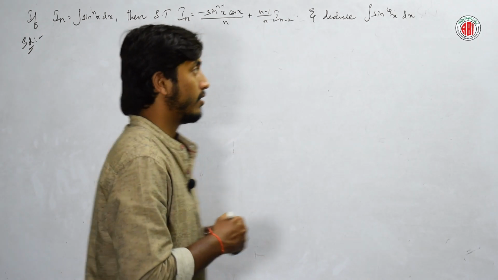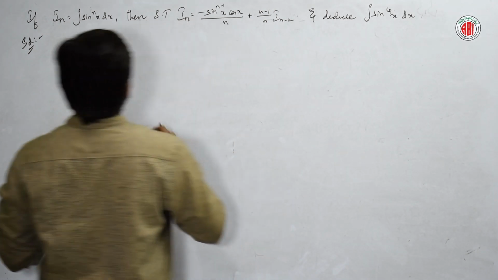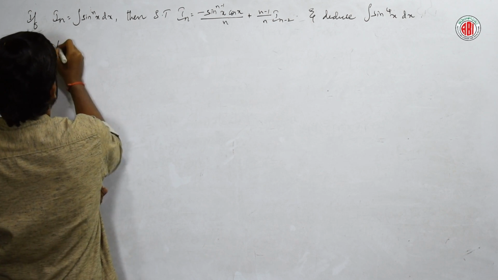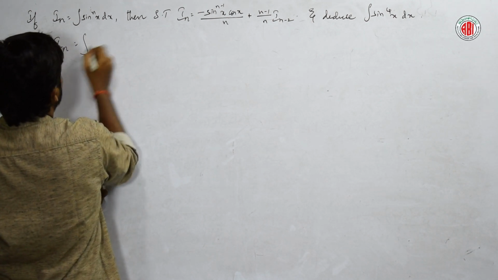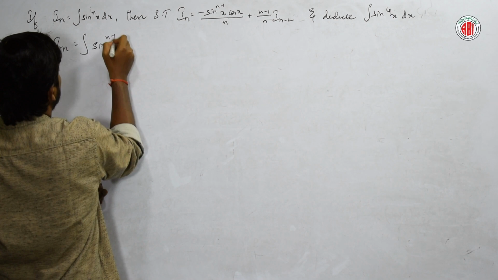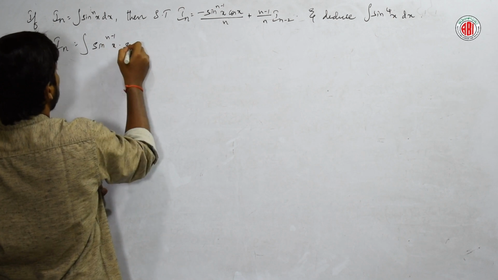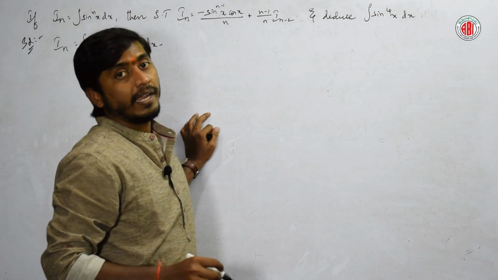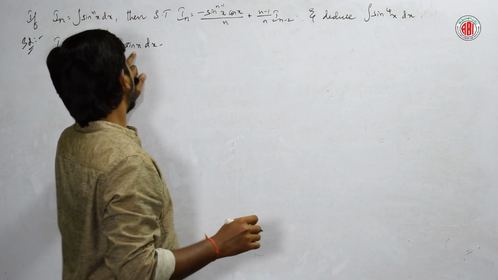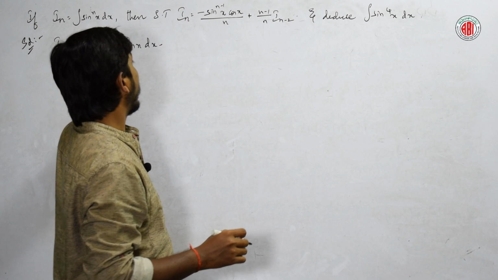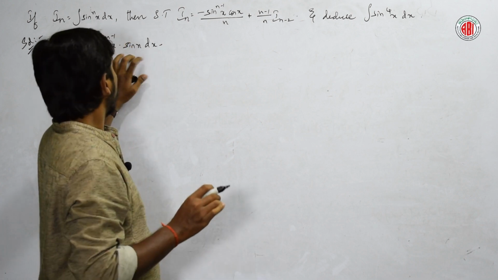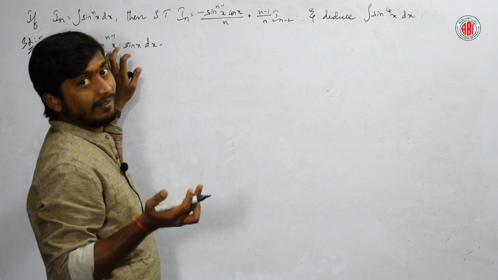So, let us do one easy thing. Looking at this output, that is power n minus 1, let us write it as sin power n minus 1 x into sin x dx. If I multiply these both, will I get sin power n? Yes, minus 1 plus 1 will get cancelled.